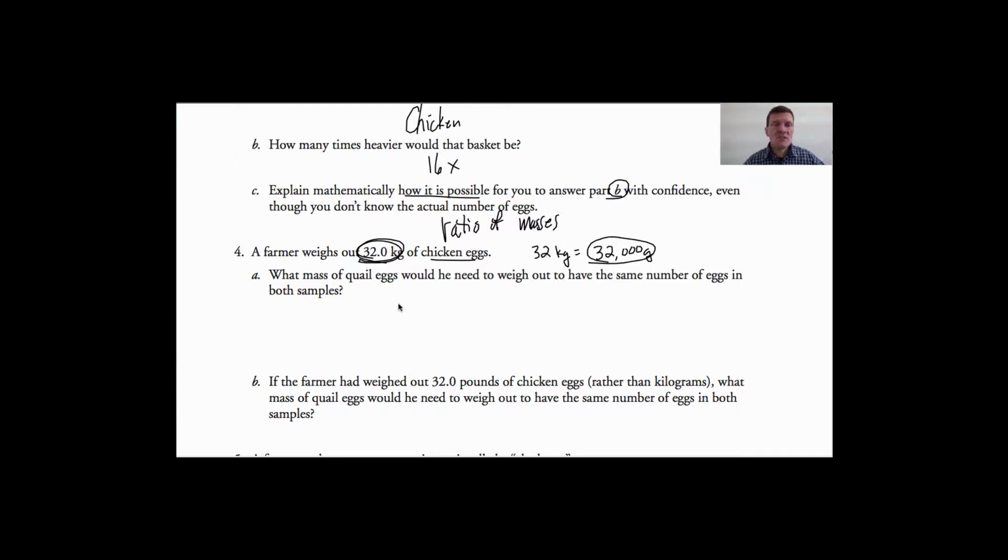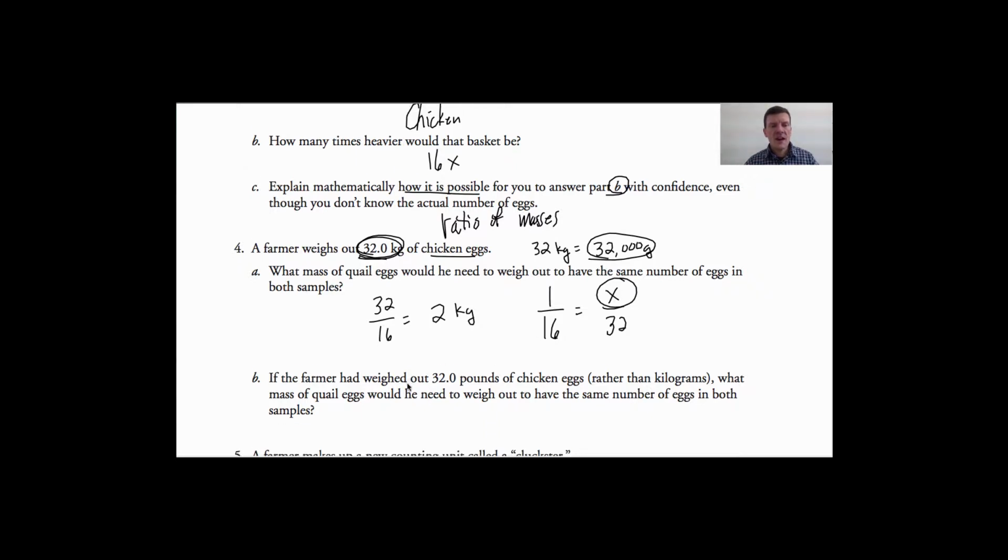But I know that the chicken eggs and quail eggs are in a mass ratio of 16-to-1. So if I take 32 and I divide by 16, I'm going to get 2. That should be 2 kilograms. Or basically, the ratios are always 1 to 16 or 16-to-1. So you're saying 1 to 16 has to equal what to 32? You're setting up a proportion, and you're solving for this number right here, which has to be 2.